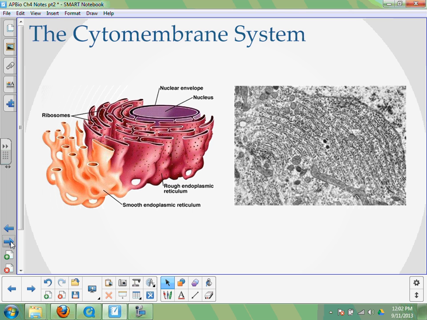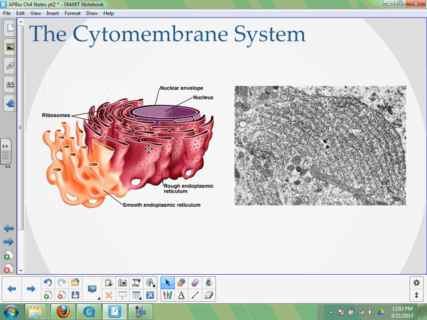The next area we're going to look at in the cell is what's called the cytomembrane system, or the cell's membrane system. Now, this isn't the plasma membrane. This is internal membranes. And we can see here we have some membranes that are all kind of folded up and connected directly to the nuclear envelope. And that's very typical. We talked about the ER last time, and the ER actually is attached and kind of wrapped around.